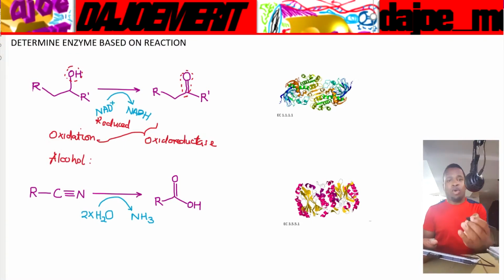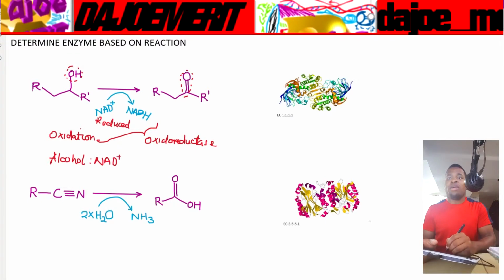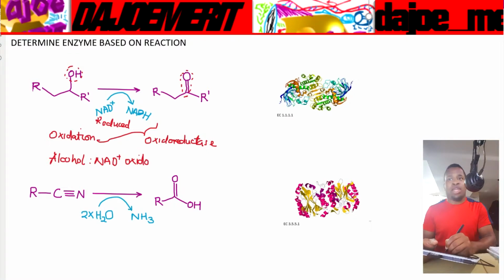Then we know our reduced species in this case is called NAD plus. We put those together, and after that we put down our general enzyme name, which is oxidoreductase.